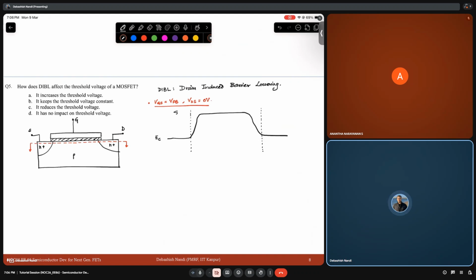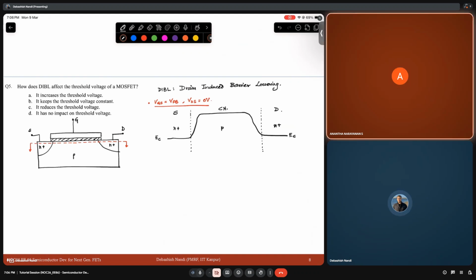So this is source, this is channel, this is drain. Is it clear? This is N plus type, this is P type, this is N plus type. Just PN junction band diagram. Yes, sir. Fine.